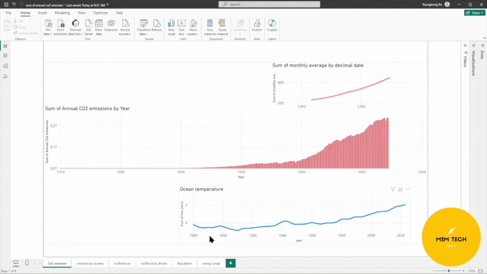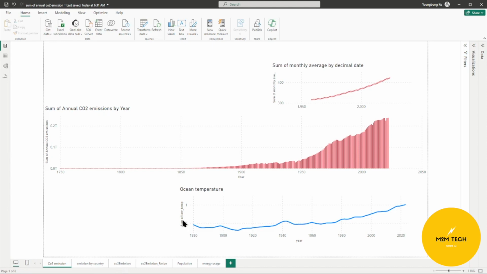It could be caused by something else, for example just a tendency for temperature change. But still, because it is a known factor that carbon dioxide affects global warming, I'm showing how it is changing by showing the ocean temperature.